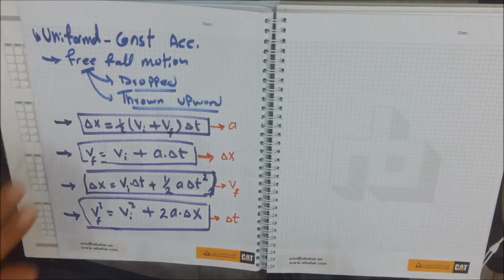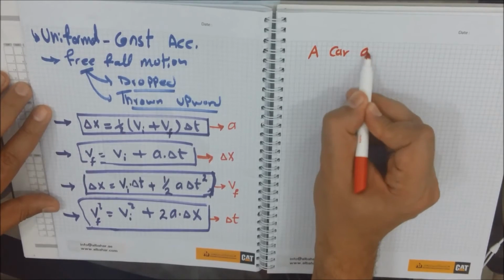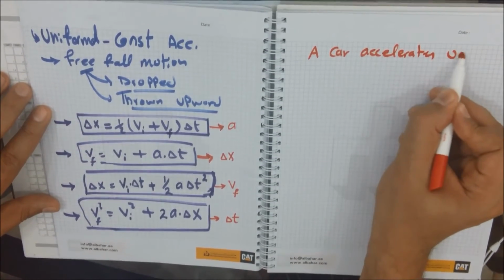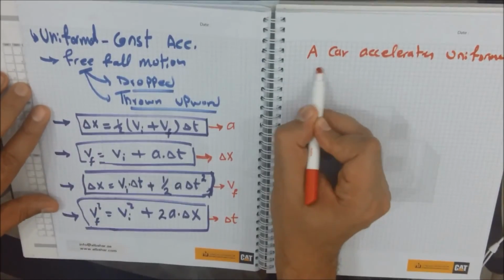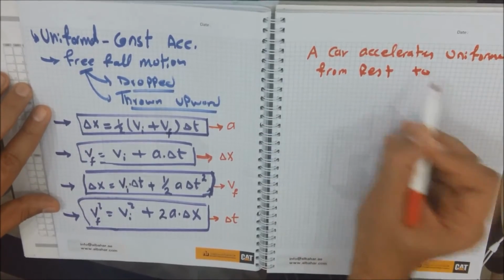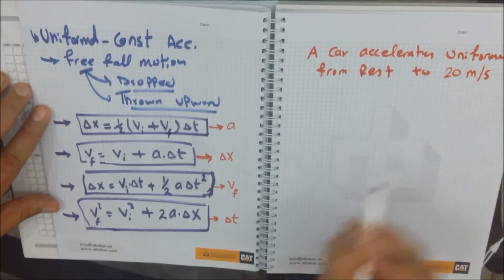Let's have an example. Let's say that a car accelerates uniformly from rest to 20 meters per second.